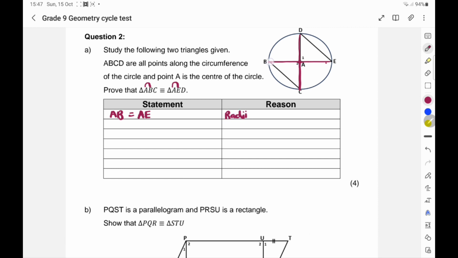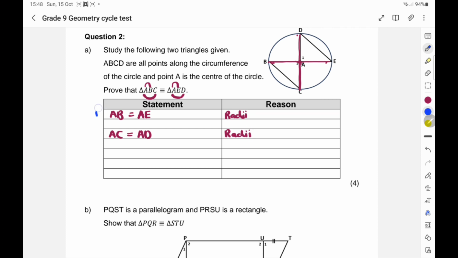Then DA, so AD should match up with AC over there. So AC is equal to AD, and that's also because of radii.